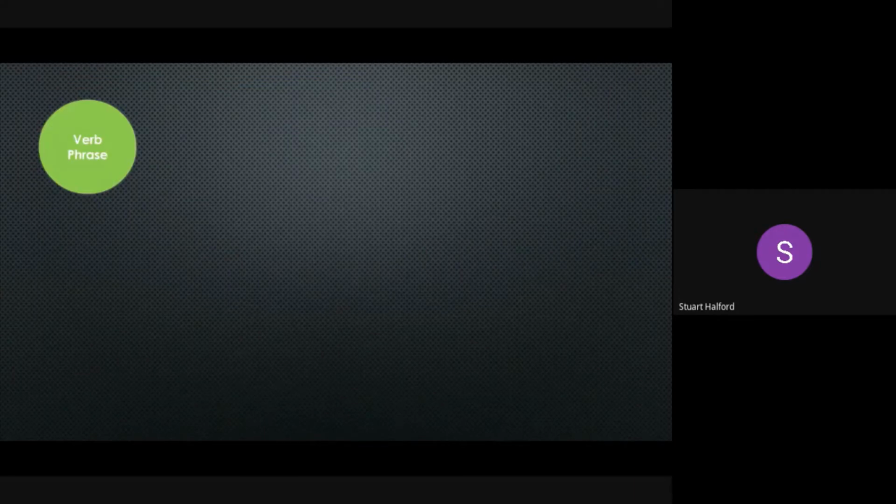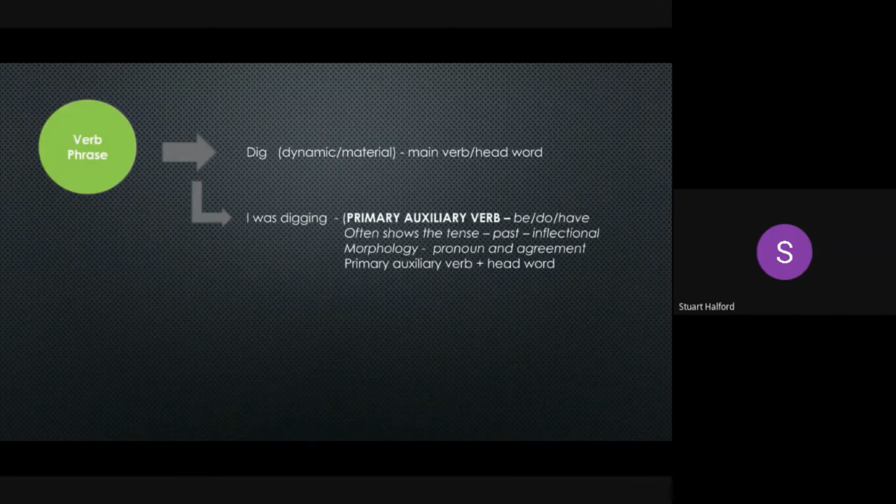So let's have a look at verb phrases then, having dealt with noun phrases. So let's take the word dig. That's going to be our main verb or our head word within this phrase. And if you remember from the presentation on Lexis, this is what we'd call a dynamic or a material verb. It's an action. It's something that you can see being done. Now we're going to add something else to the verb phrase.